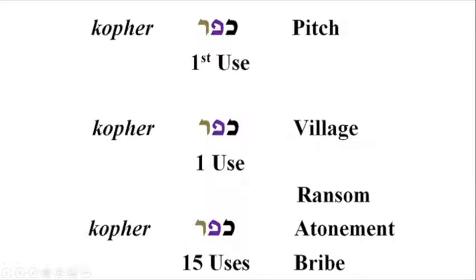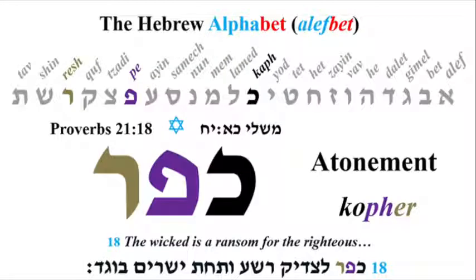And this is the predominant meaning for it. Atonement usually gets the P sound, kapar, kapur, okay? You see the kaph, the pei, and the resh. Proverbs 21:18, the wicked is a ransom for the righteous. There's that word kapar, kapur.